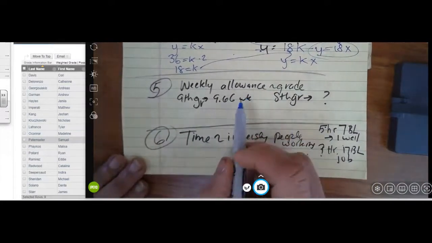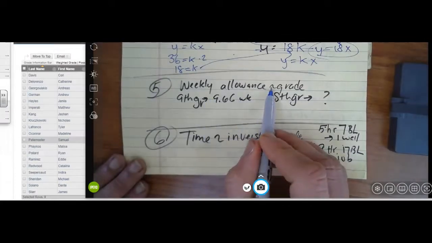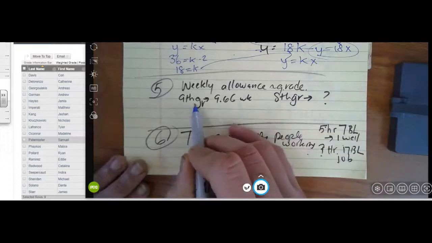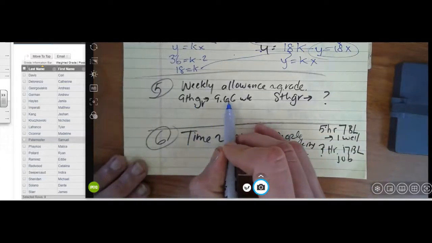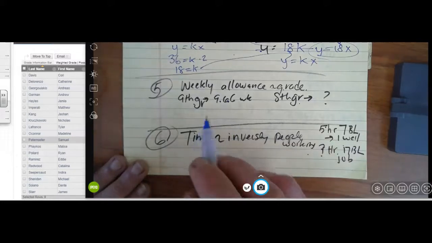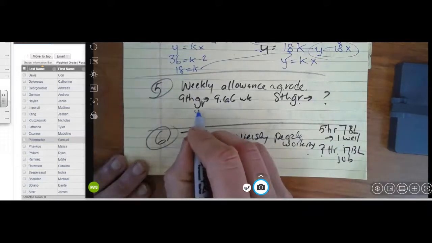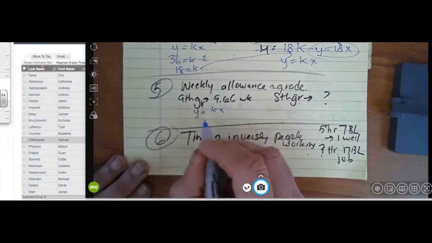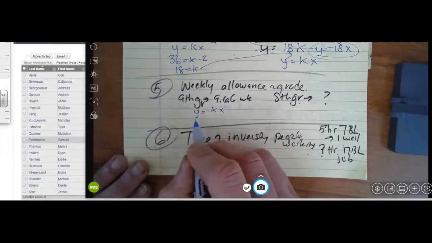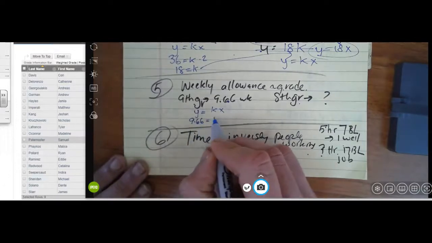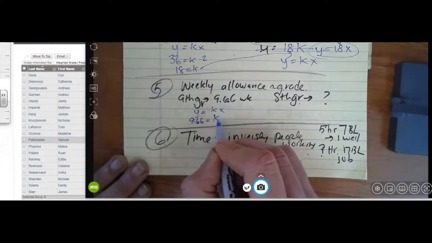Now let's say you have a weekly allowance that varies directly with grade. Like the older you are, the more money you make. A 9th grader makes $9.66 a week. What does an 8th grader make? In that case, you would say y is equal to kx, because it varies directly. We say y, how much you make, $9.66, is equal to k times 9.